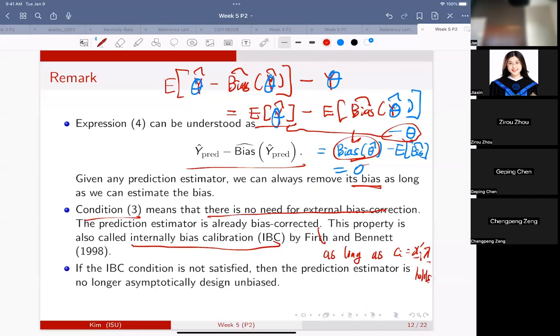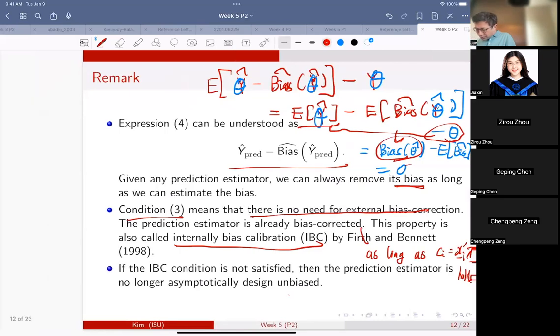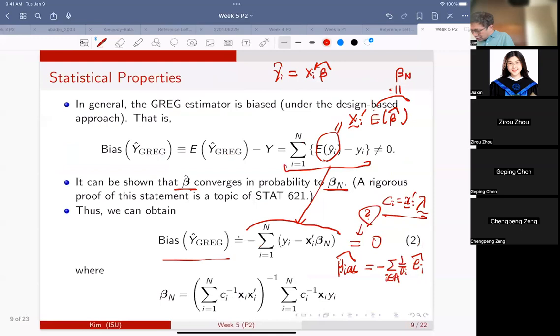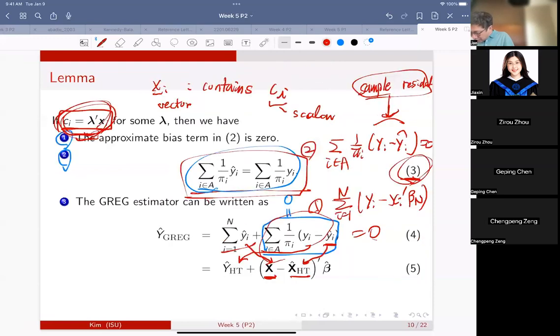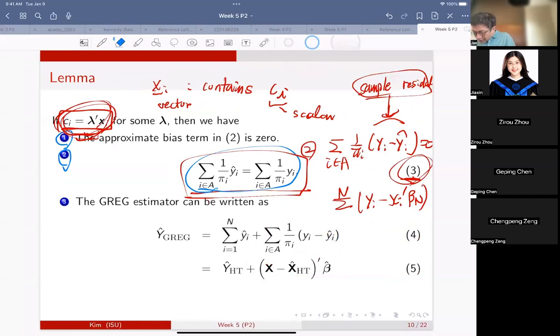If the IBC condition is not satisfied, then the prediction estimator is no longer asymptotically design unbiased. This term is 0 under IBC.